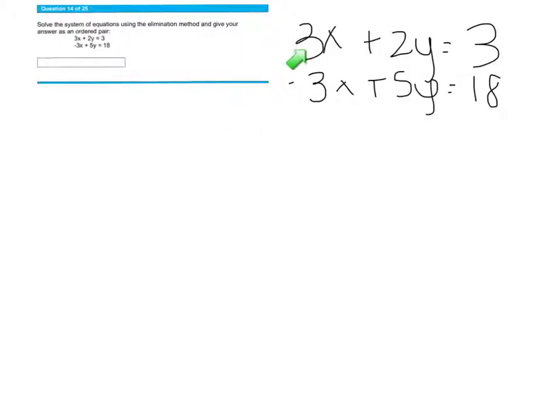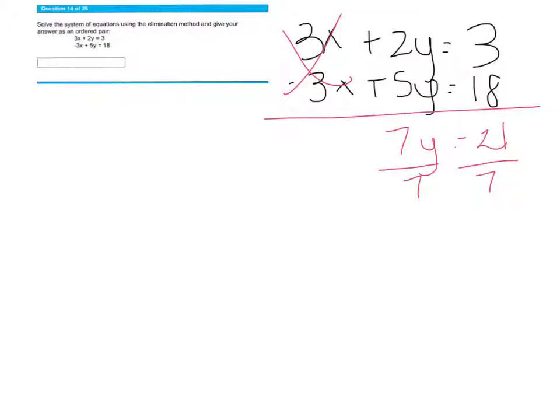But 3x and negative 3x, with the help of my little pointer, do cancel out. So we just add the rest, leaving us with 7y equals 21, and 21 divided by 7 leaves y equals 3.